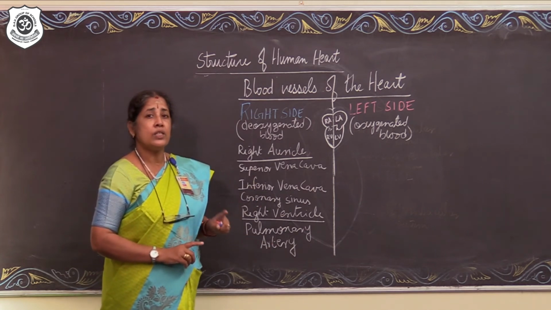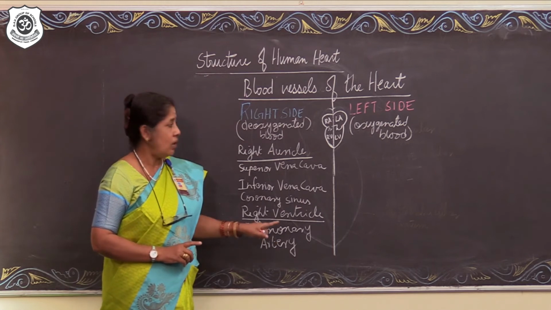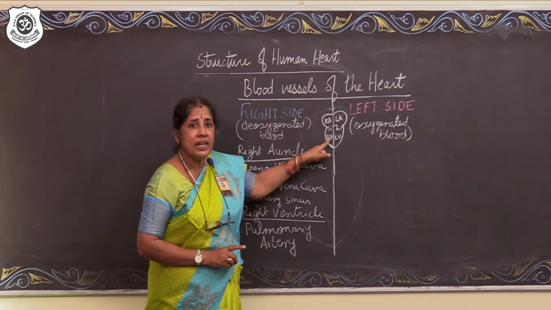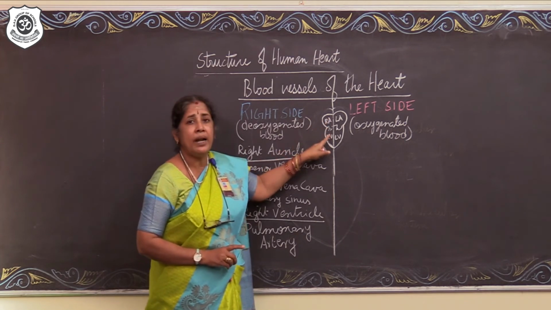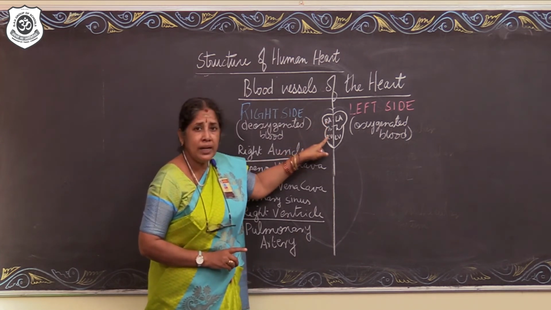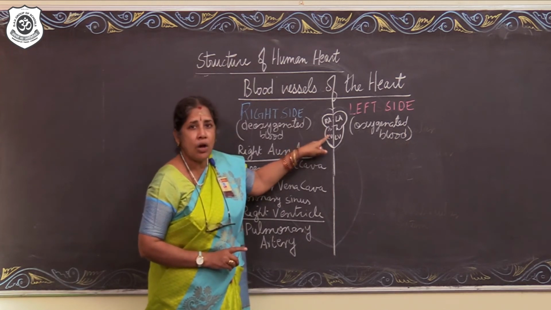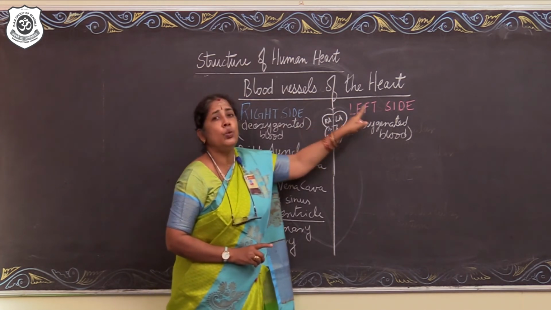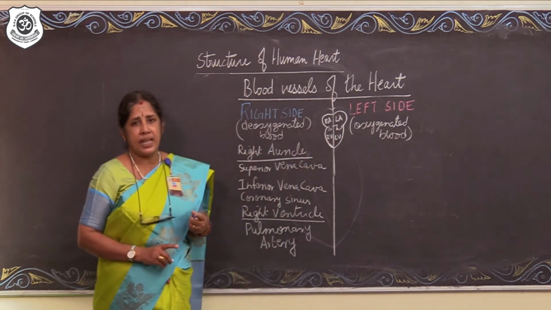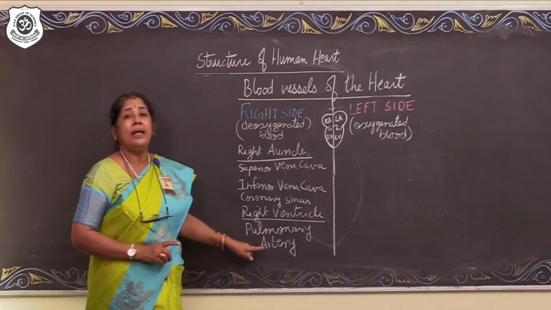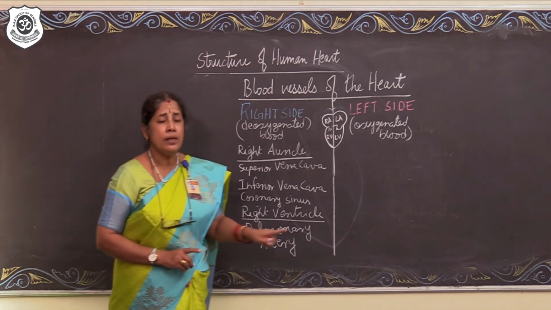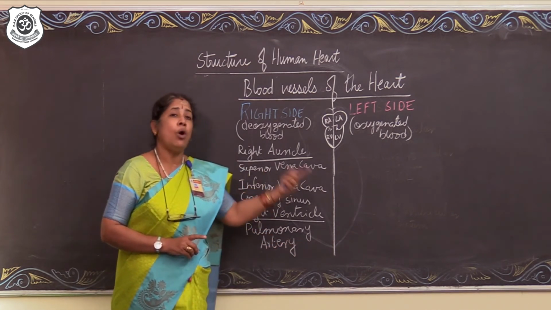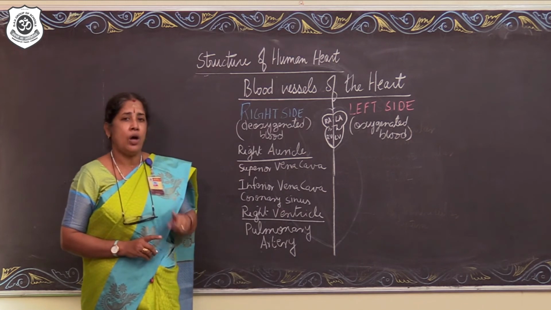Now you know the reason why the pulmonary artery is an exception, because it is arising in the right ventricle. What does the right ventricle deal with? It receives the deoxygenated blood from the right auricle. So the pulmonary artery carries the deoxygenated blood from the right ventricle into the two lungs where oxygenation takes place. So that is why the pulmonary artery is an exception, because it carries deoxygenated blood as opposed to all other arteries which carry oxygenated blood.